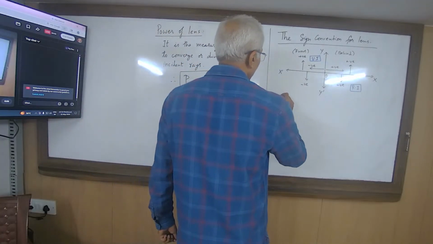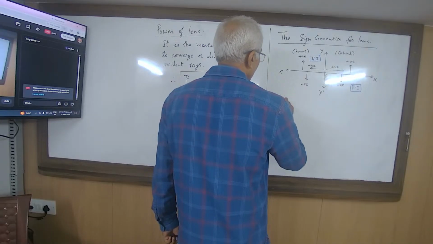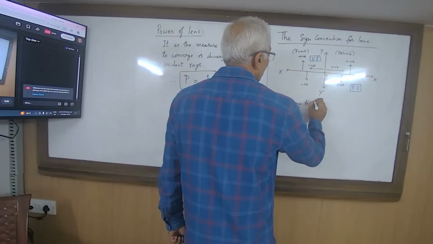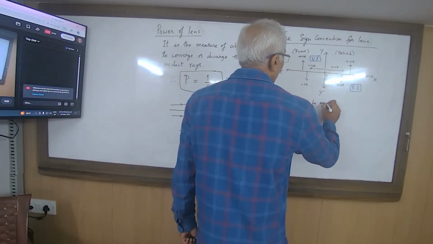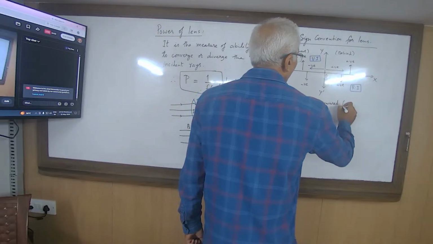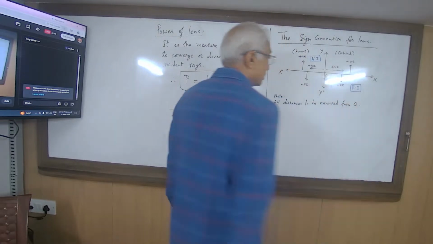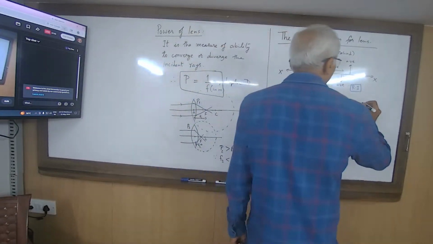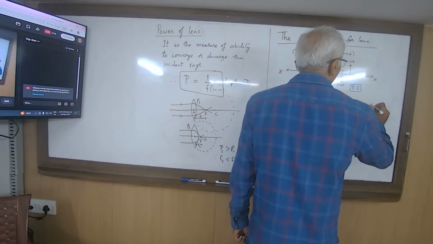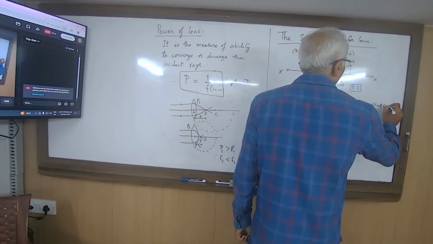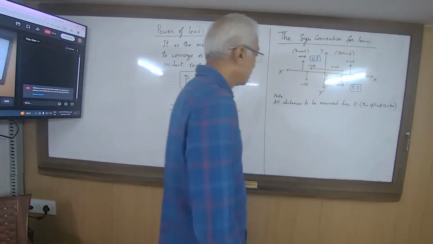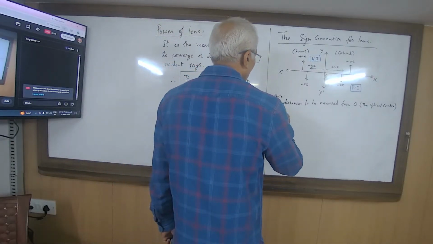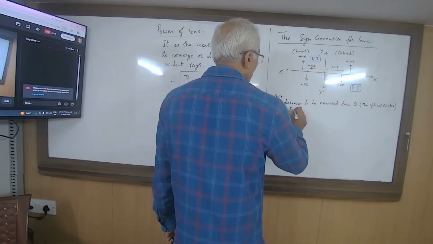So all distances to be measured from O, the optical center, on the principal axis.